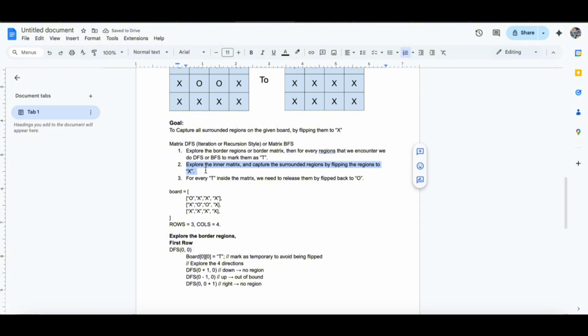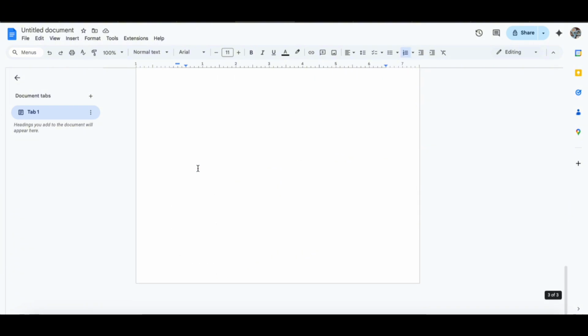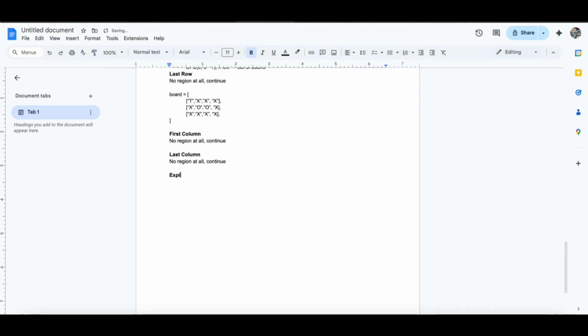Then we continue to explore the inner matrix, right? On the board, index 0, is it a region? False, right? It will continue.